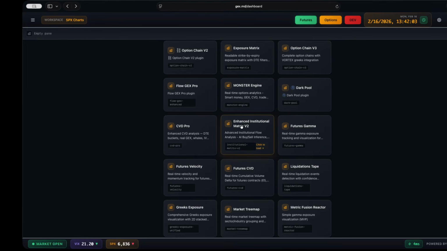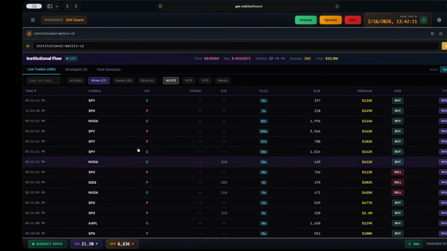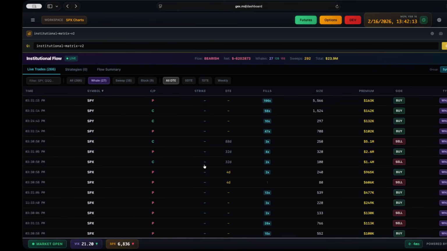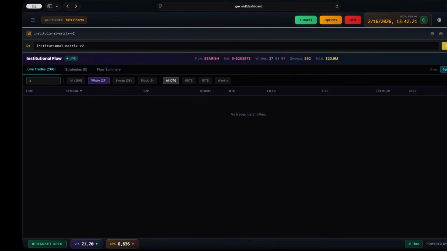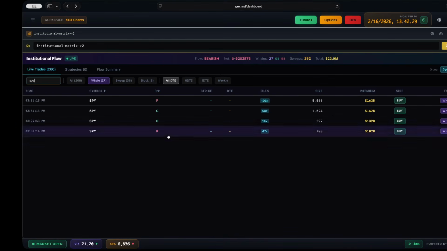All right, this one is the same thing. You have to wait for the market to open. It is going to tell you where the whales are, which one is which. You can search by symbol. You can add the symbol here, let's say SPY, for example. And then you see if it's a put or a call, and when was the last time. This is set to read the last minute of the market.